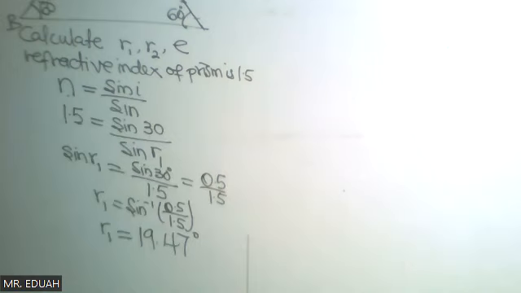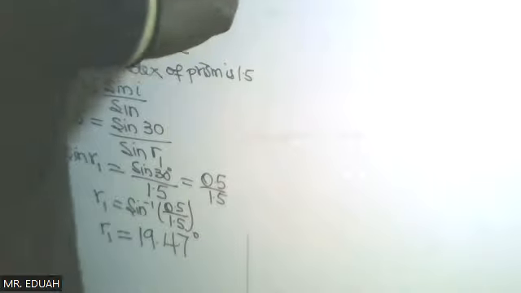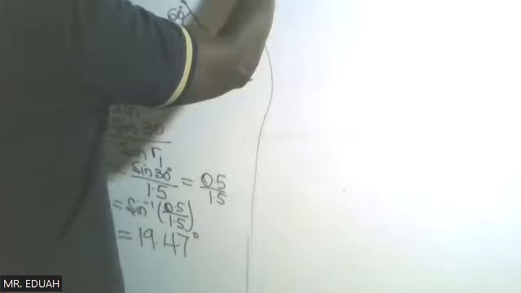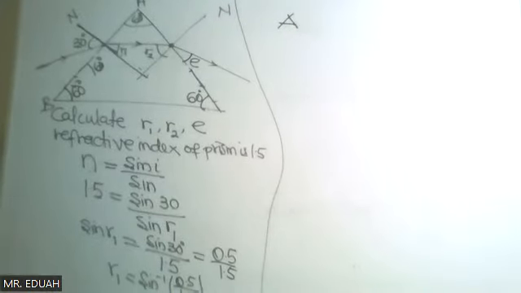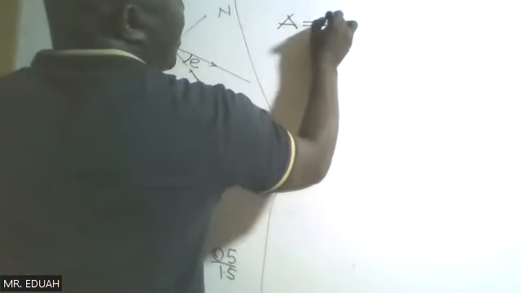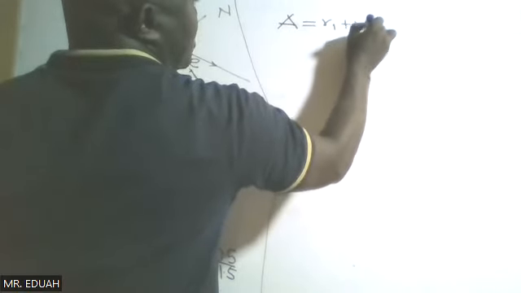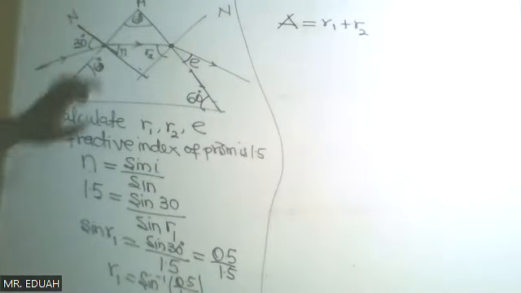Adwa, how would you find R2? You know that A is equal to R1 plus R2. So Adwa wants us to use the relation that the angle of the prism A is equal to R1 plus R2. And since we know A, and we found R1, we can find R2.